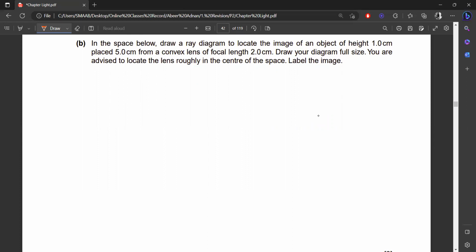So it means that we have to mark the diagram with accurate reference. So we have to use the ruler. That will help you to mark the diagram with the exact marking which is mentioned, right?